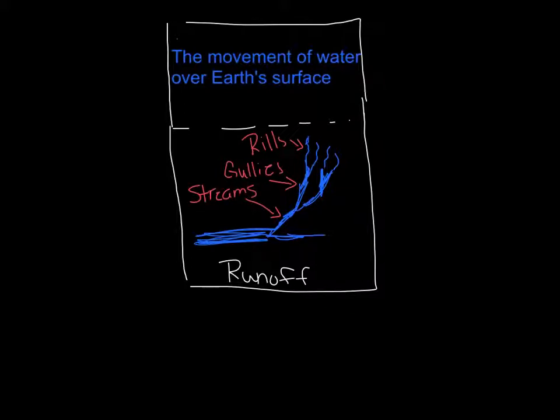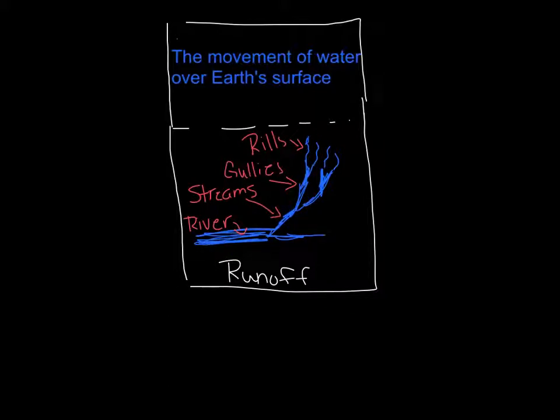And then the streams came together to make rivers. Okay? And it always starts with the highest part, which would be the rill, and those would come together. It doesn't start rivers and then the streams to gullies to rills. It always goes smallest to largest. So rills to gullies to streams to rivers.